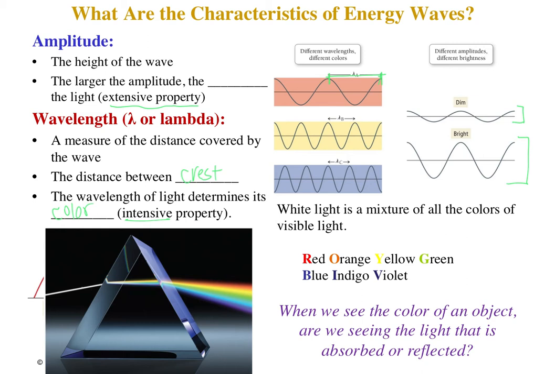So if we shine white light through a prism, the prism will diffract the light, and so we'll be able to separate the colors, and it follows the ROY G BIV structure that we've all learned. And so when we see color, we're seeing the light that is reflected. So if I see a green shirt, I'm not seeing all the light that got absorbed into the material. I'm seeing all the light that got reflected.